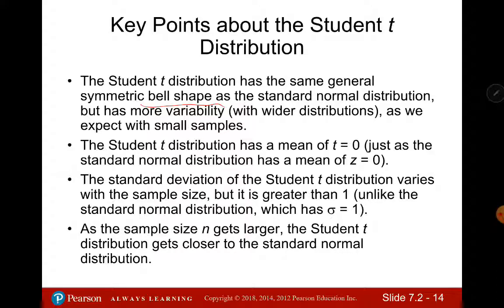Bell-shaped curve. Wider distribution, small samples. So n is smaller, then the curve will be wider. If the n is greater, then the curve will be narrow.